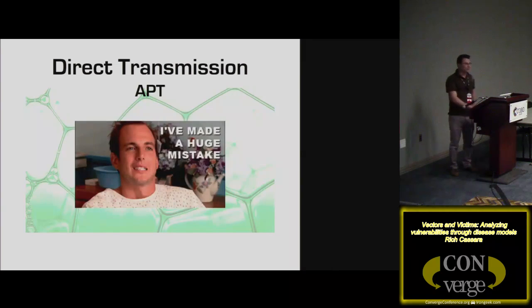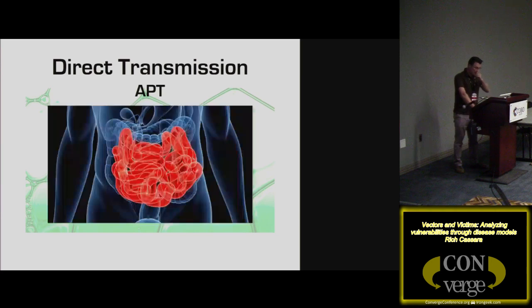And not until later do you realize that you've made a huge mistake. Now, deeply embedded within your organization, there is a parasite, or an APT, that is slowly sucking away your resources without you knowing about it.